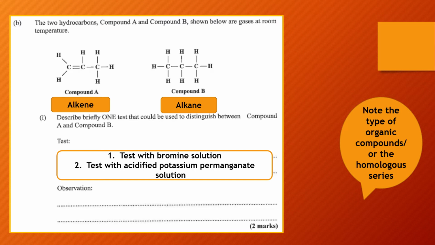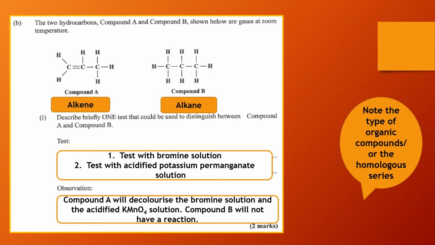And what would we observe? In a test like that, all alkenes would react with a bromine solution. So compound A would decolorize the bromine solution. It would also decolorize the acidified potassium permanganate solution, whereas compound B, being an alkane, would not have a reaction.